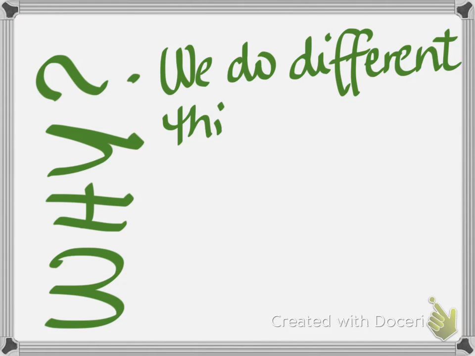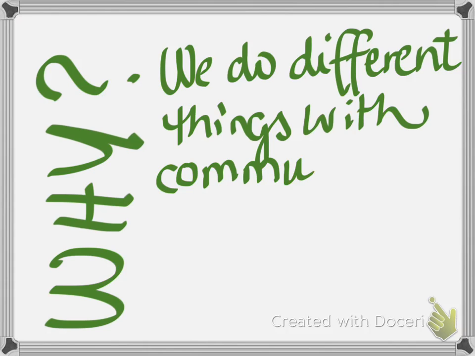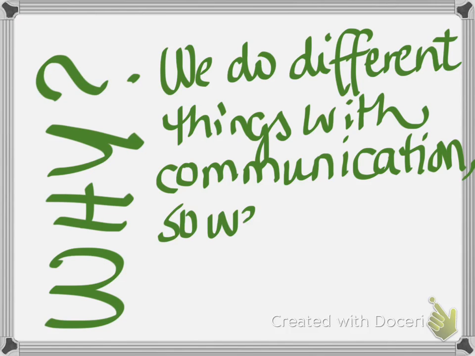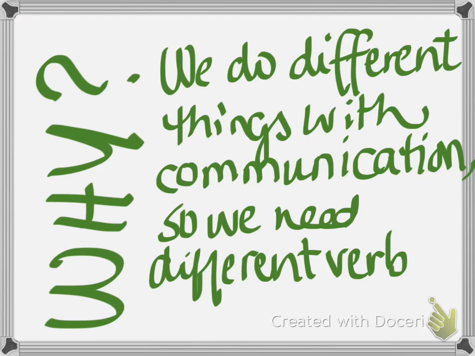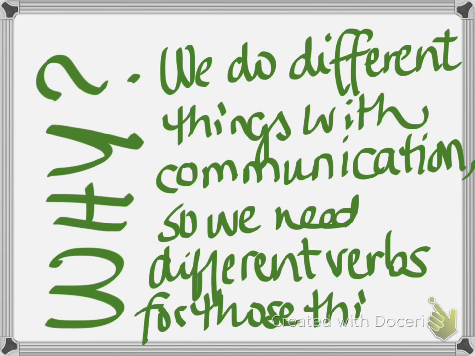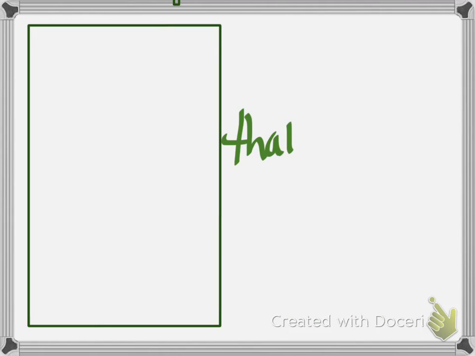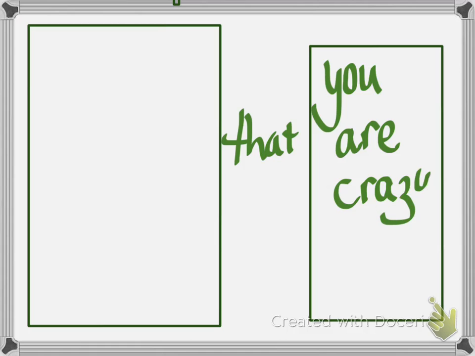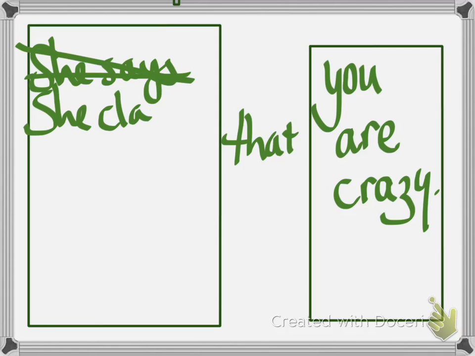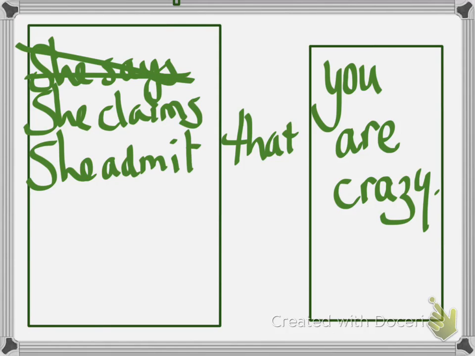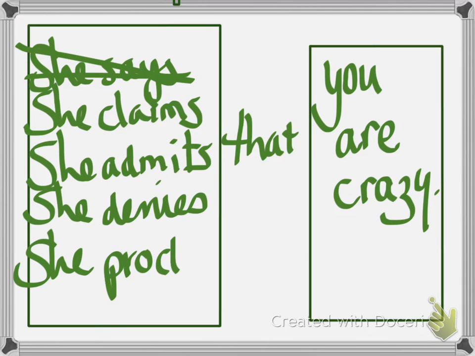Because we do different things with different pieces of information, we need to have different structures and different verbs that reflect what we're doing. And I know that it's really comfortable to use say, but you know what? It's boring. It doesn't make your language sound interesting or relevant, not compared to the other alternatives that you have.